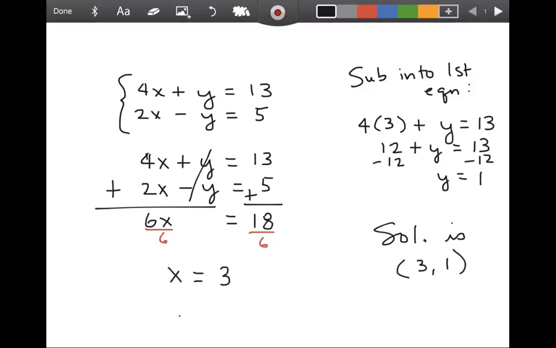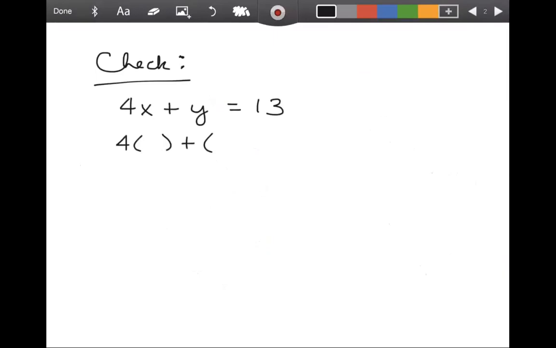I will definitely check this one. And then for the rest of the section, I probably won't do the check. I'll just remind you to do it as often as I remember to remind you. Remember to check it in both equations, starting with 4x plus y equals 13. So we'll write that as 4 blank plus blank equals 13. We think x is 3 and y is 1. 4 times 3 is 12. 12 plus 1 is 13.